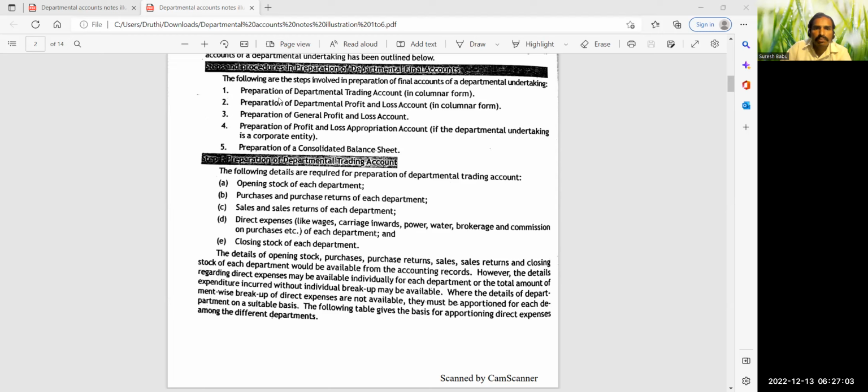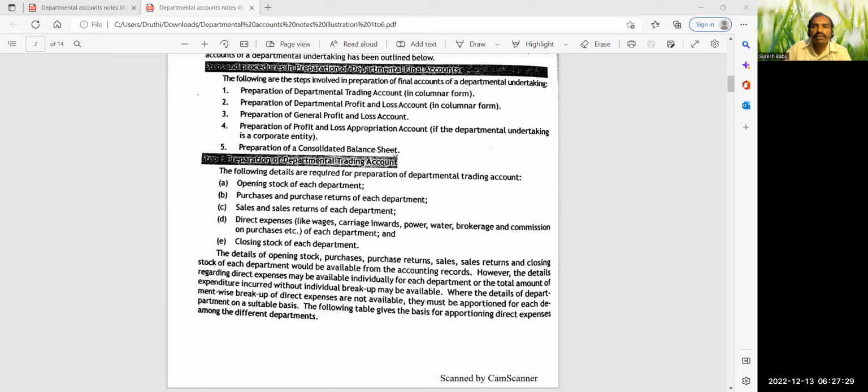First, the preparation of departmental trading account. The second step is preparation of departmental profit and loss account. The third step is preparation of general profit and loss account. And the fourth step, the appropriation account, in case the departmental undertaking is a corporate entity only. Then the fifth step, preparation of consolidated balance sheet.